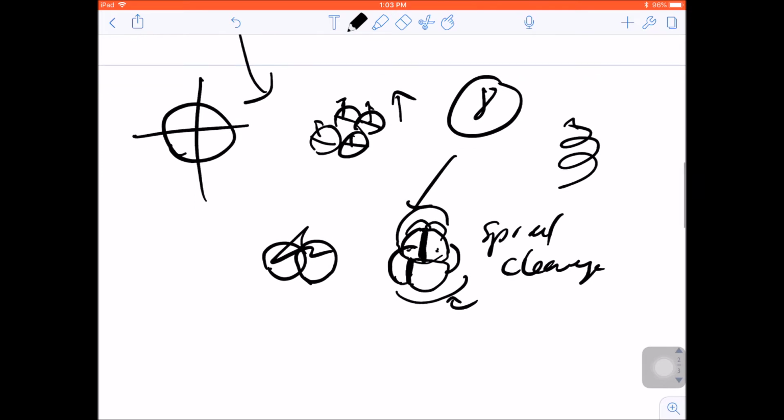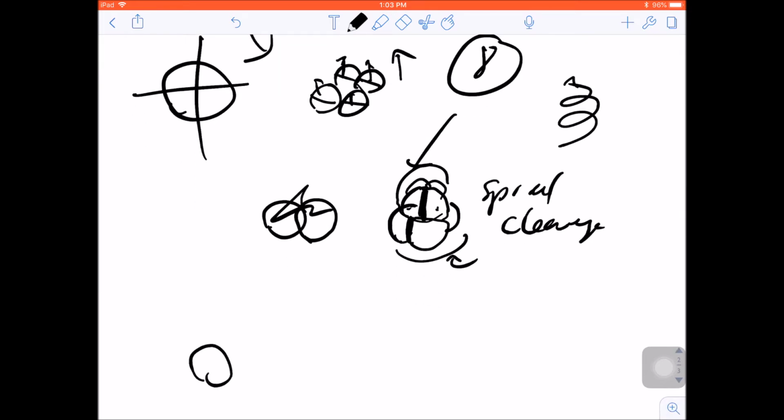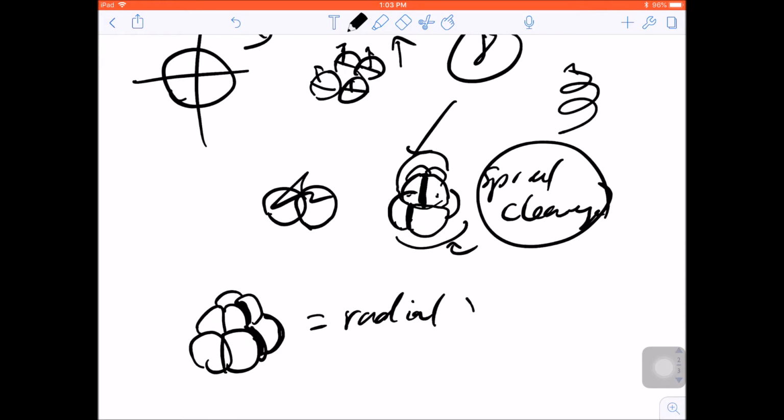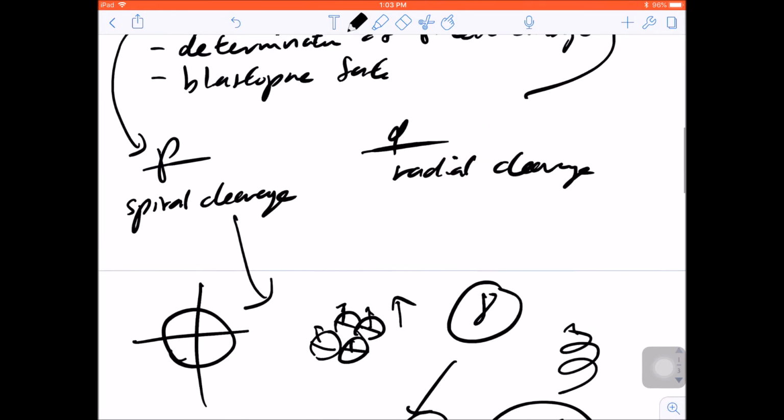Whereas the radial cleavage organisms at the 8-cell embryo will look like this. So these are the 4 cells at the top, and these are the 4 cells below. And you can see the cells above, the cleavage lines are directly over the cleavage lines of the 4 cells below. So that's what makes radial cleavage. So in the protostomes, they have spiral cleavage. In the deuterostomes, they have radial cleavage.